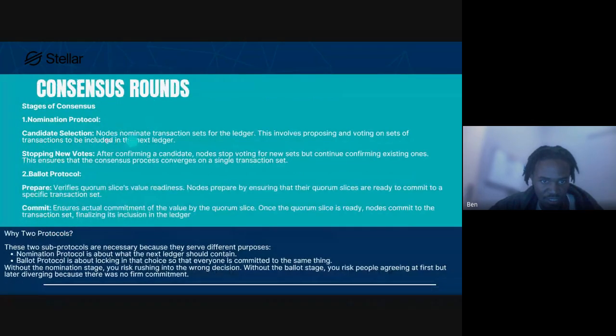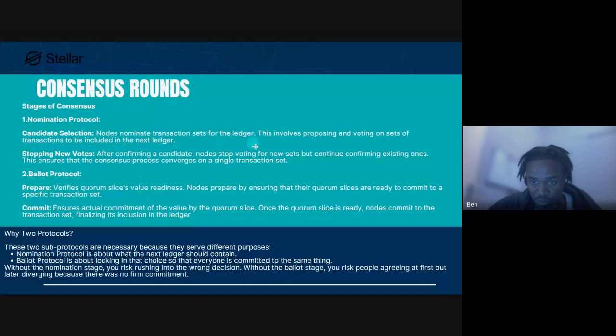Consensus runs. So there are two protocols that are necessary in the stage of consensus. The first one is the nomination protocol, which is candidate selection. Nodes nominate transaction sets for the ledger.